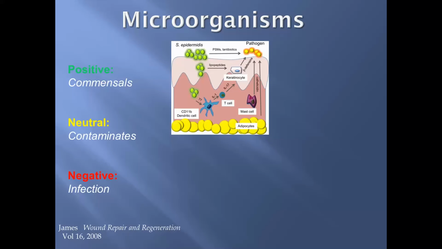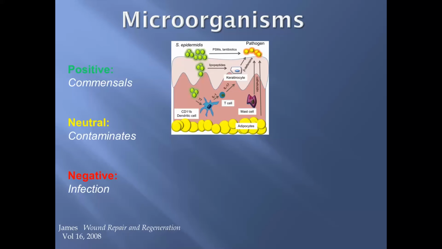They can have some positive effect on the wound. But what we know from a lot of detailed molecular science is that for something to be a commensal, there has to be crosstalk with the host. What that means is certain cells, like this dendritic cell, certain cytokines like IL-17, certain other molecules that are released by the bacteria that the host cells understand, all have to be in play.